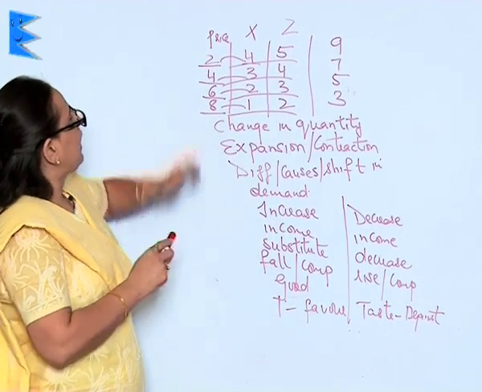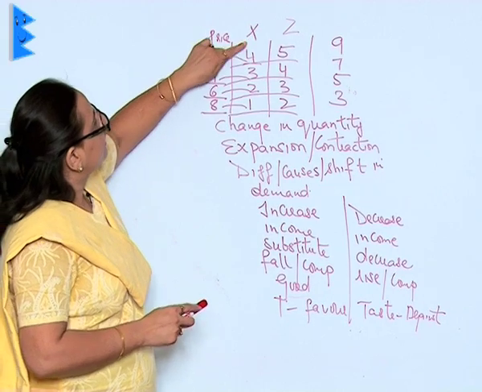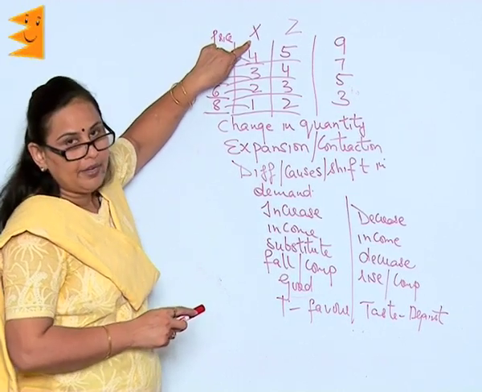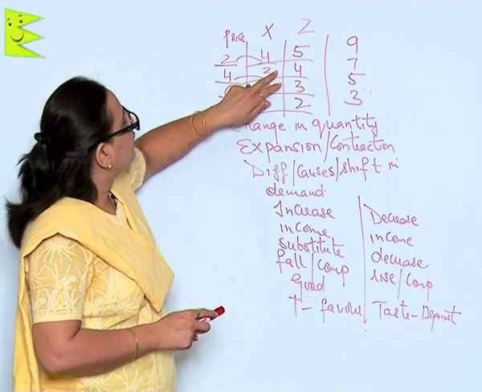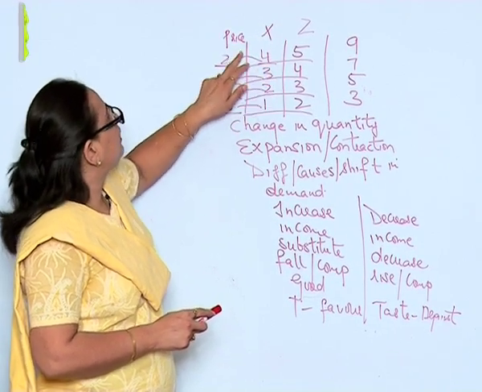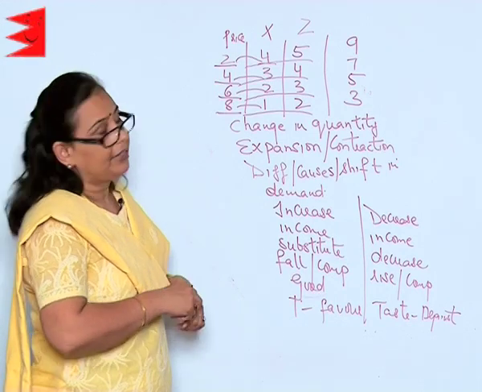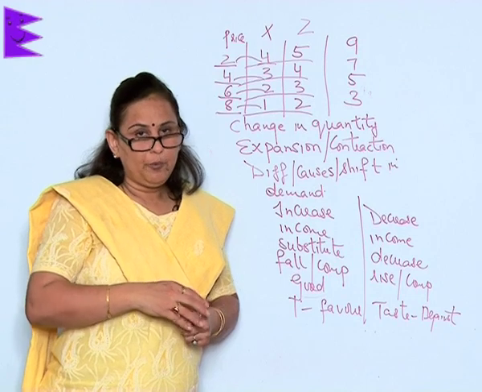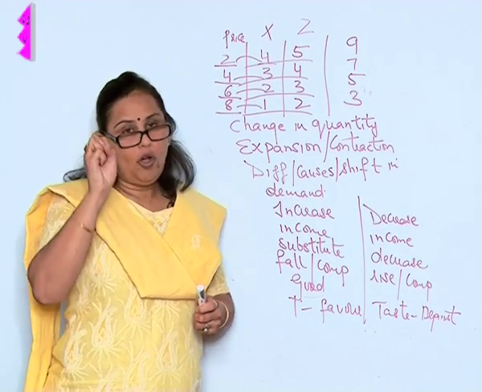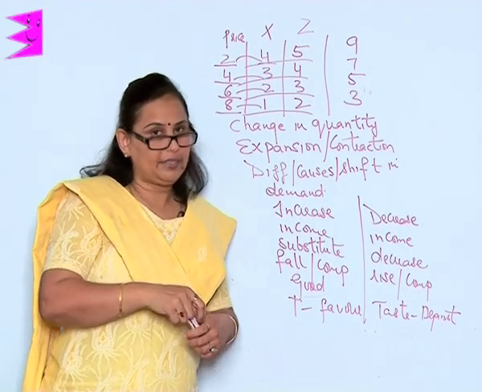So this is the price of the commodity and this is the individual demand schedule, or this is what an individual is buying at a given price. But then there is a demand schedule of the market, which is the collective of the individual demands.